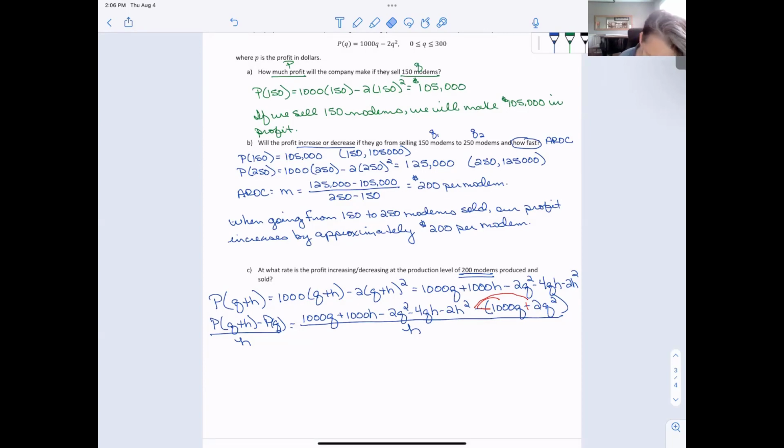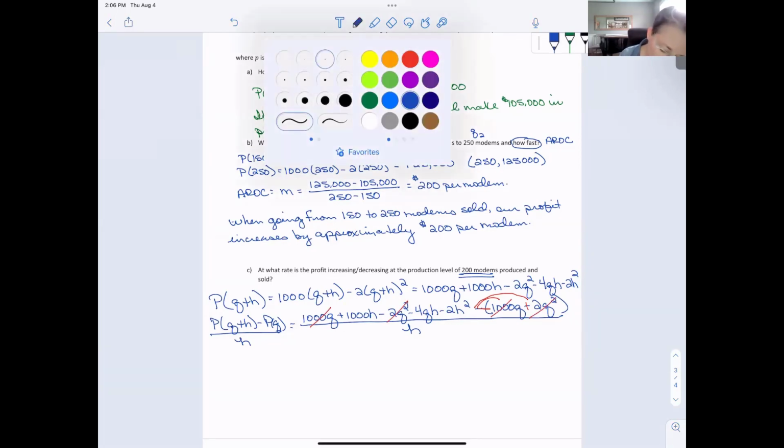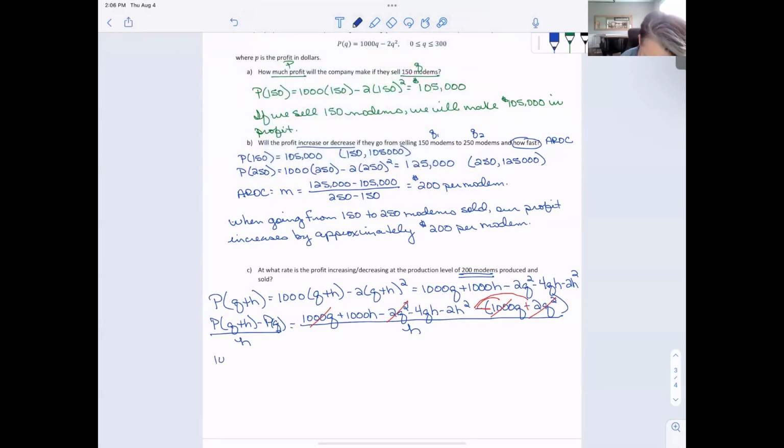Now let's go ahead and reduce that. So our 1,000Q's reduce, -2Q squared and 2Q squared reduce, leaving us with 1,000H minus 4QH minus 2H squared over H. So all of those H's are going to reduce. So now we're going to take the limit as H approaches 0.